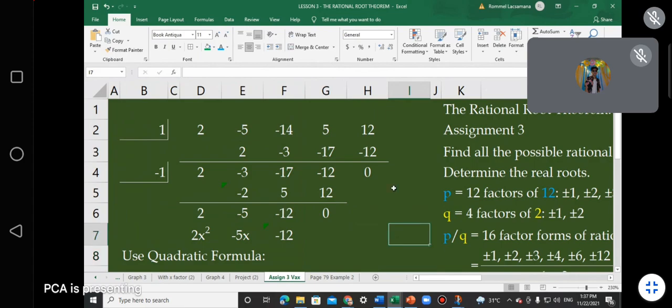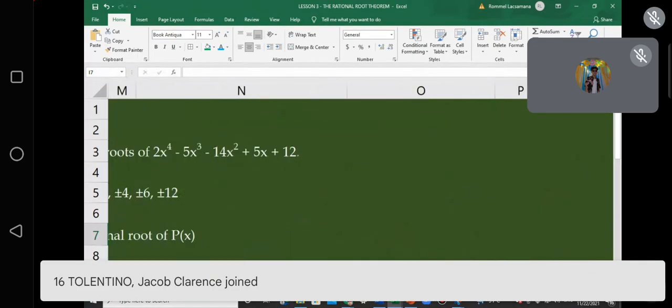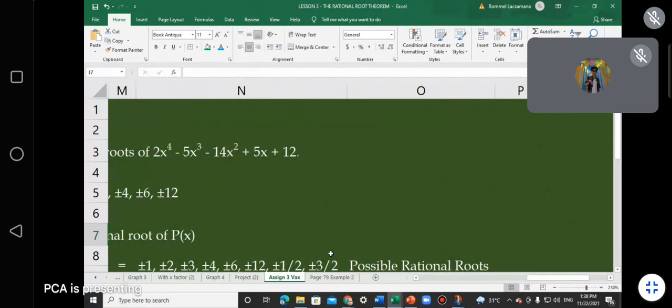But I've noticed your synthetic division appeared many times. Why? Of course, you are consuming all the possible rational roots. How many are they? It is but 16: 2, 4, 6, 8 times 2, it's 16.